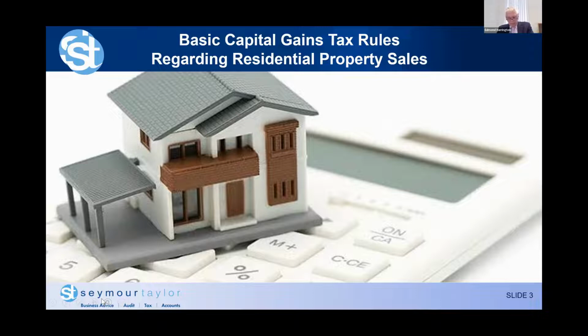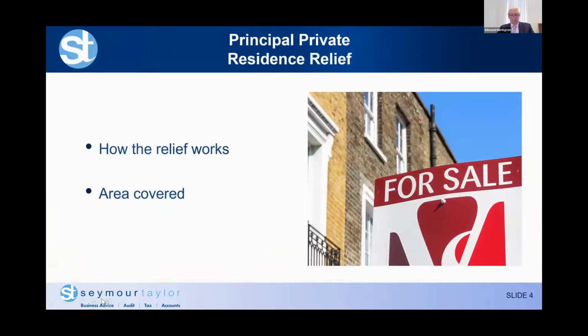The capital gains tax rate for residential property is broadly 28%, although it could be as low as 18% if an individual hasn't fully utilised their basic rate tax band. So basically, there could be some extra benefit for you if your taxable income is less than around £50,000.